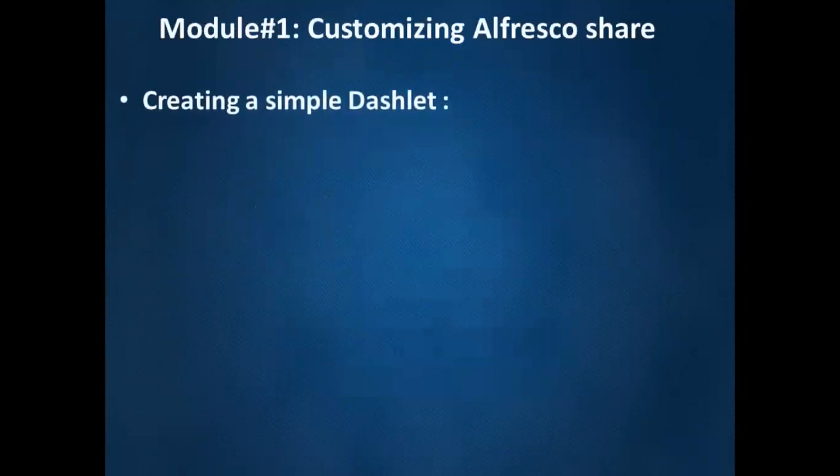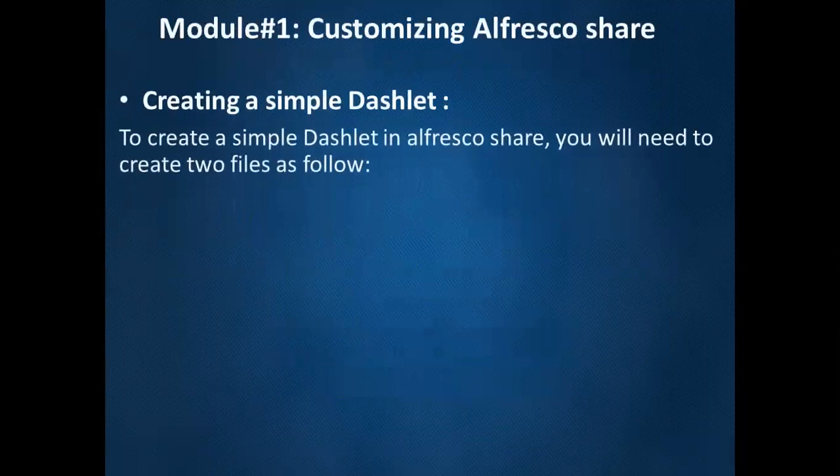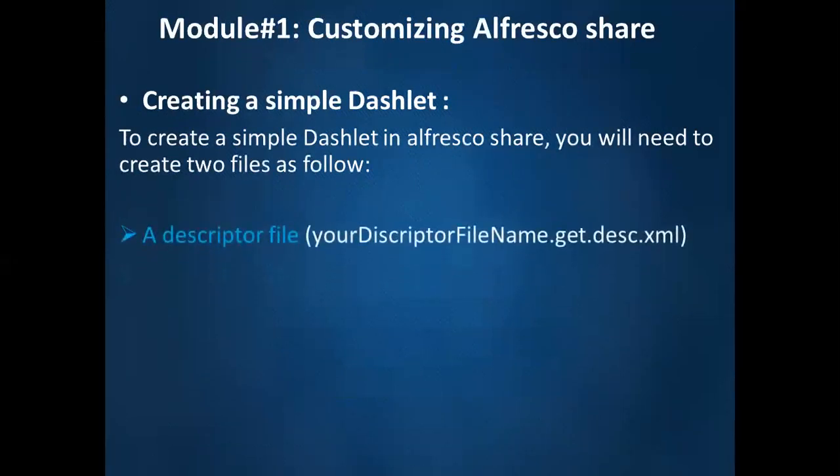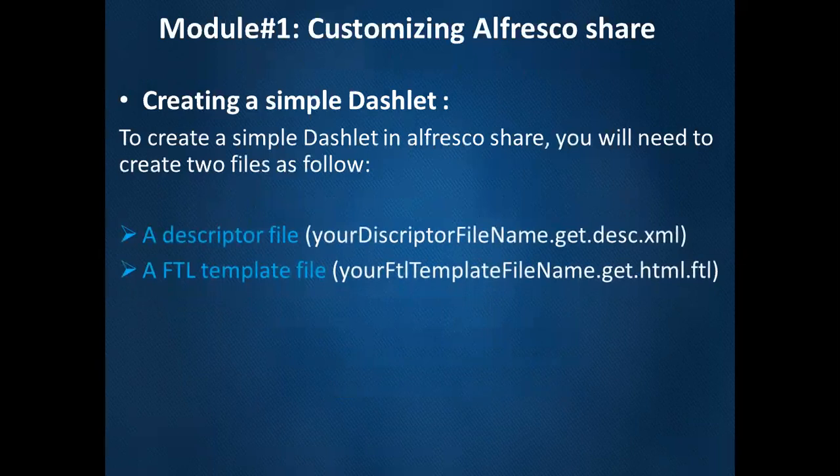Creating a simple dashlet. To create a simple dashlet in Alfresco Share, you will need to create two files as follows: a descriptor file and the FTL template file.